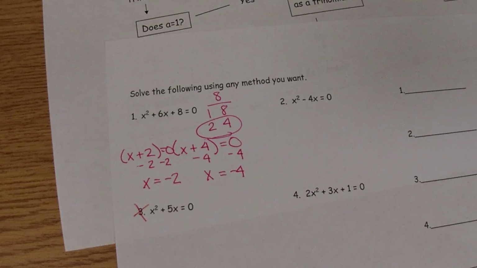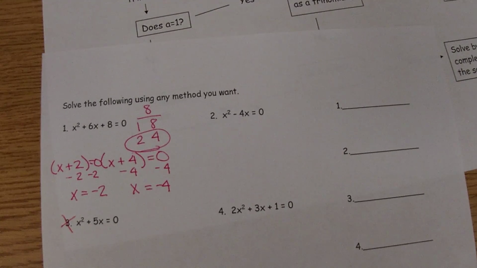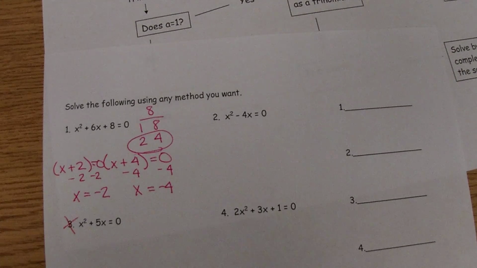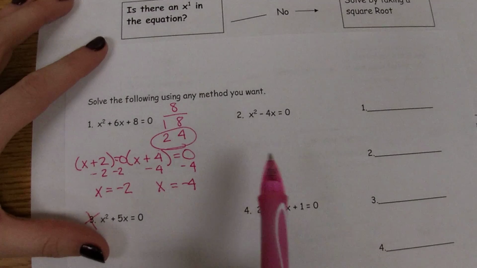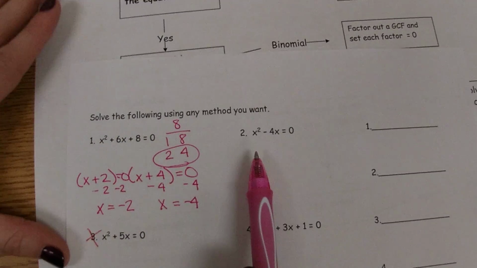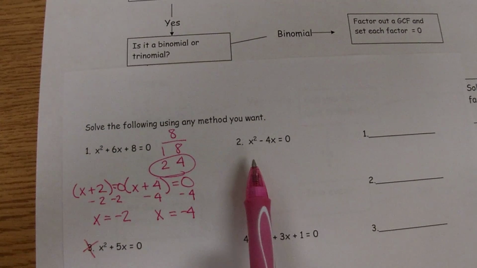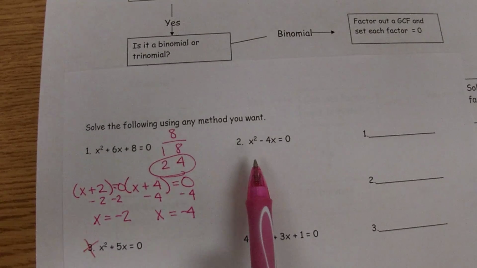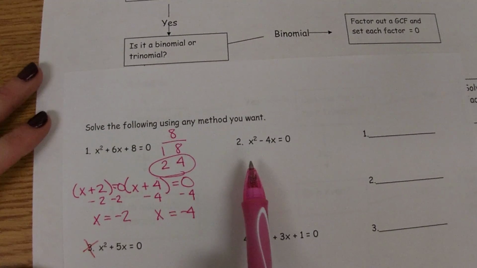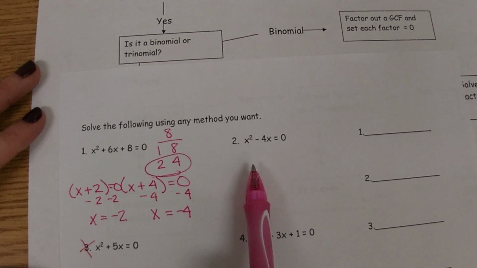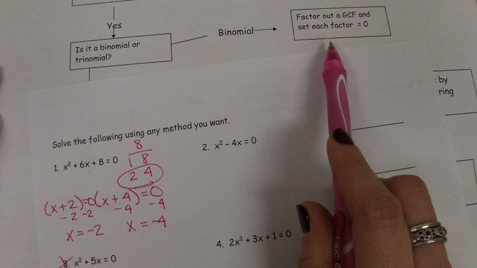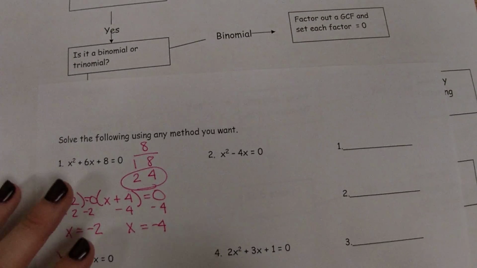Okay, if we look at number 2, we look at our list. Is there an x to the first? There is. Is it a binomial or is it a trinomial? Okay, this is a binomial. So we can factor out a GCF and set each factor equal to 0.